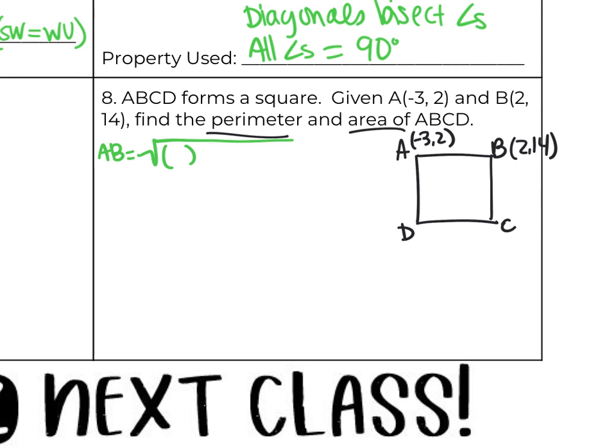So for AB, the x values, -3 and 2, are 5 apart. And then 2 and 14 are 12 apart. So we want to total that up. 25 plus 144 is 169, and the square root of 169 is 13.